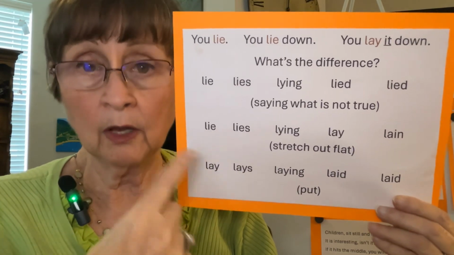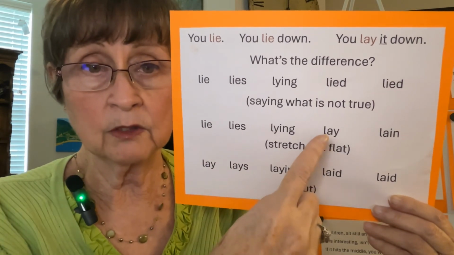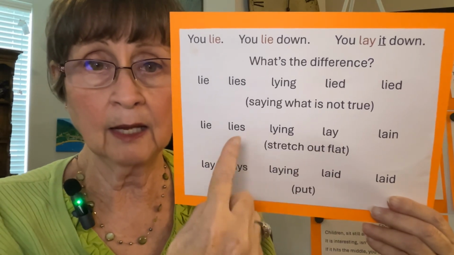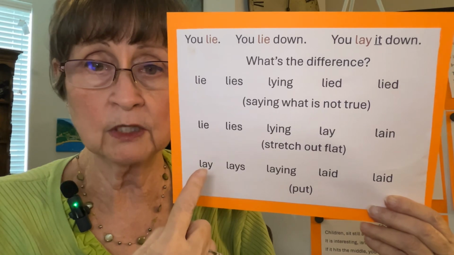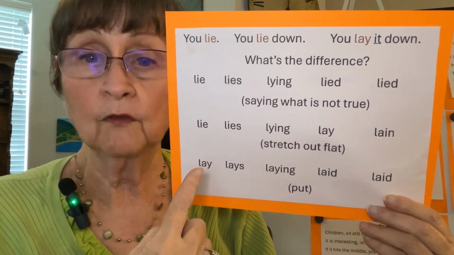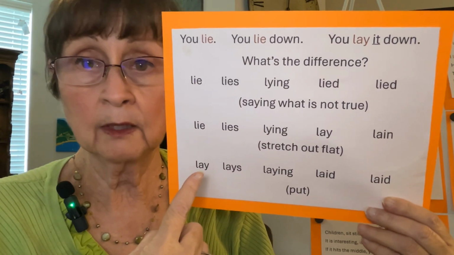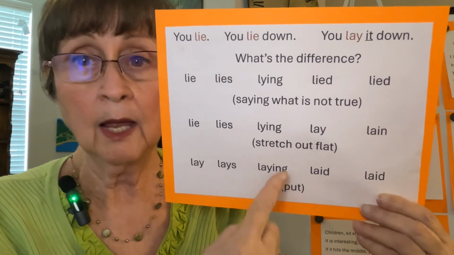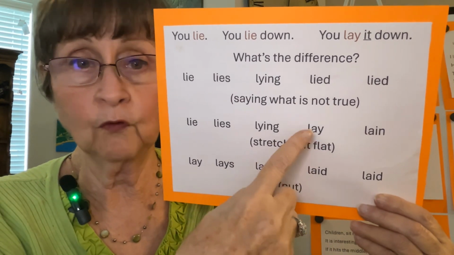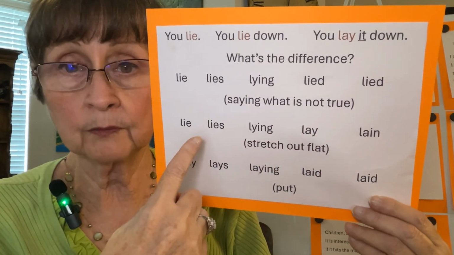And also, another reason why we get them mixed up is lay, lie, lies, lying, lay, laying, is also this verb. It's the first form, anytime verb, for this form of putting something somewhere, and it is the fourth form of this verb.